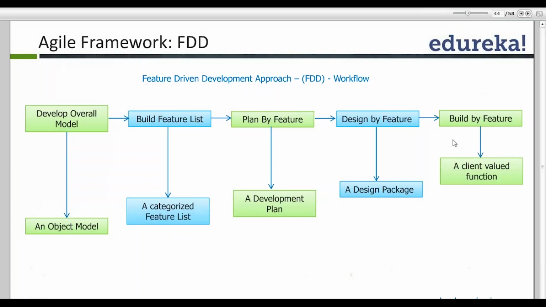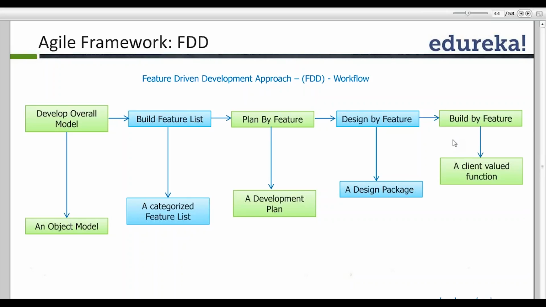We build the features which are required in this model, which is the feature list, and we come up with a categorized feature list. Then we plan by feature, we design by feature, and we build the feature. So it's more like a waterfallish approach, but we are developing on a feature by feature incremental basis.